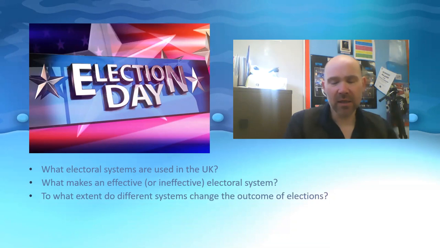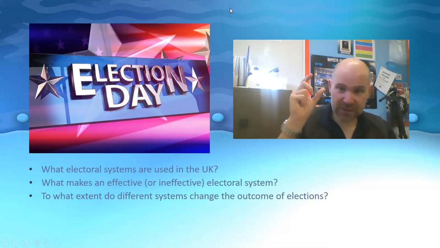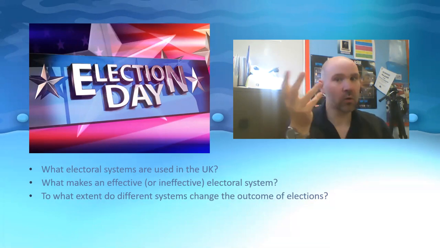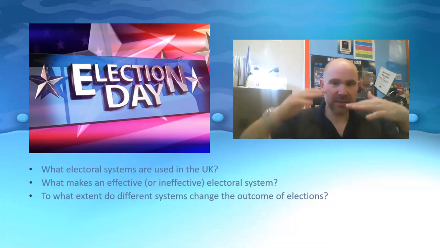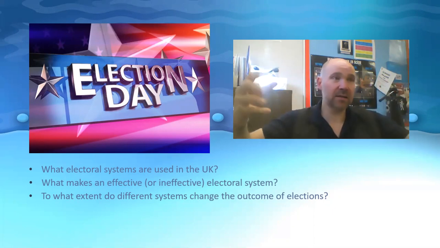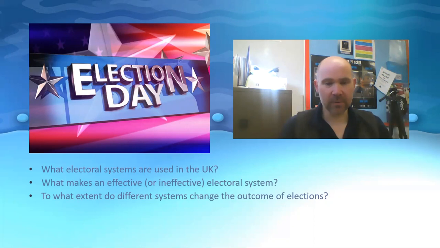To what extent do different systems change the outcome of elections? To put it bluntly, if different systems were used, you would have different results in general elections. Not necessarily a different winner, although it could happen, but certainly a different percentage of seats that go to each party, which ultimately would affect what a government does or isn't able to do.